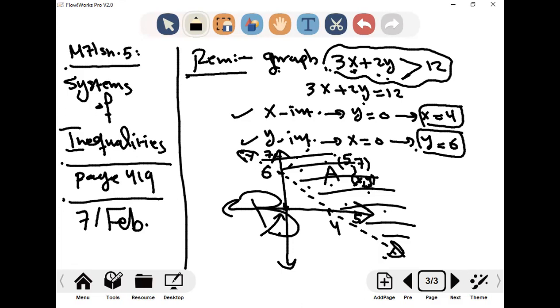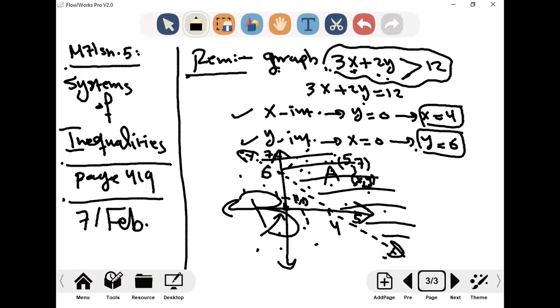It is 15 and 14, 29, more than 12. But take any number here, like 1 and 1. 3 plus 2, 5. Is 5 more than 12? No. So any point here is not a solution. Any point here is a solution, right?